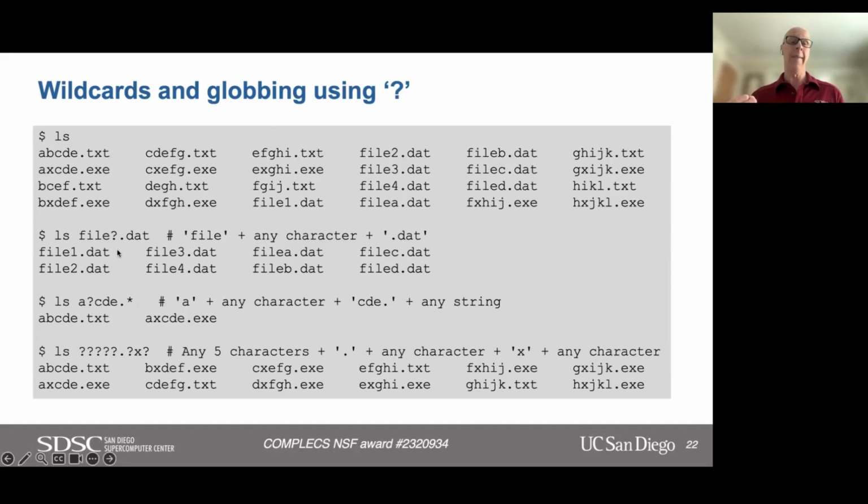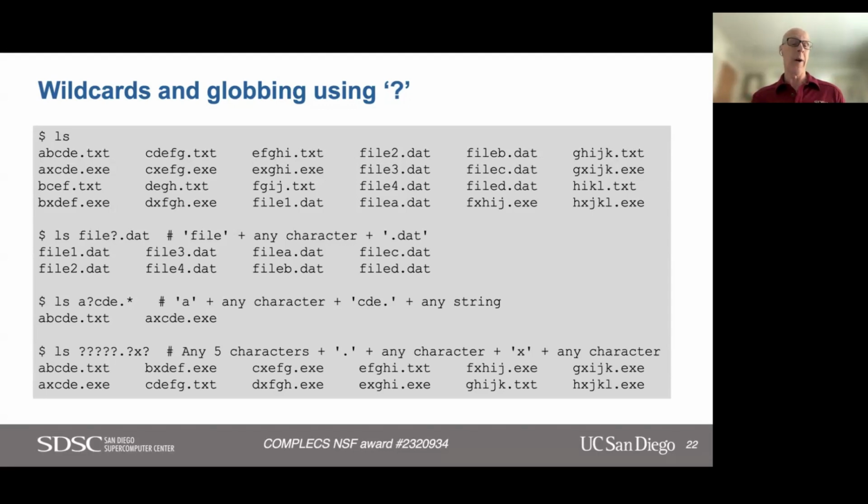We're going to do an ls file?.dat. What this is going to give us is a list of any files with the name file, followed by any single character, followed by the string .dat. And here we'll see file1.dat, file2.dat, etc.